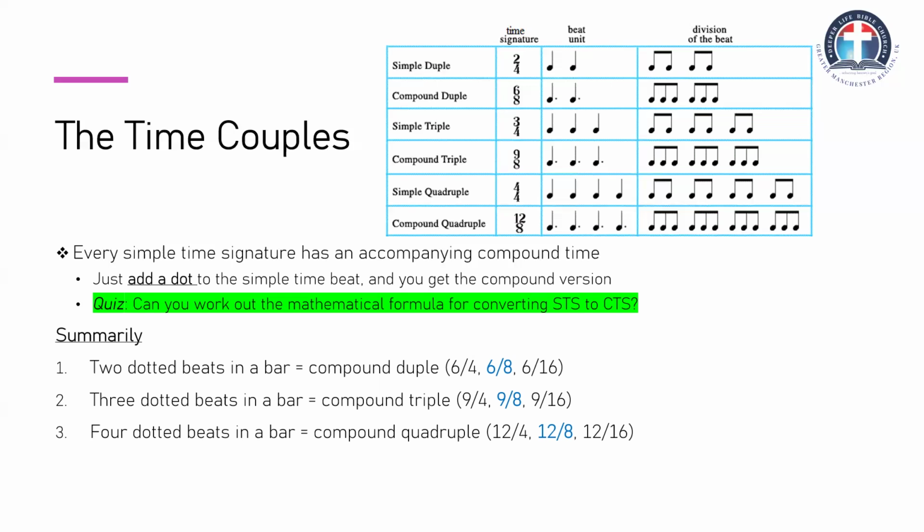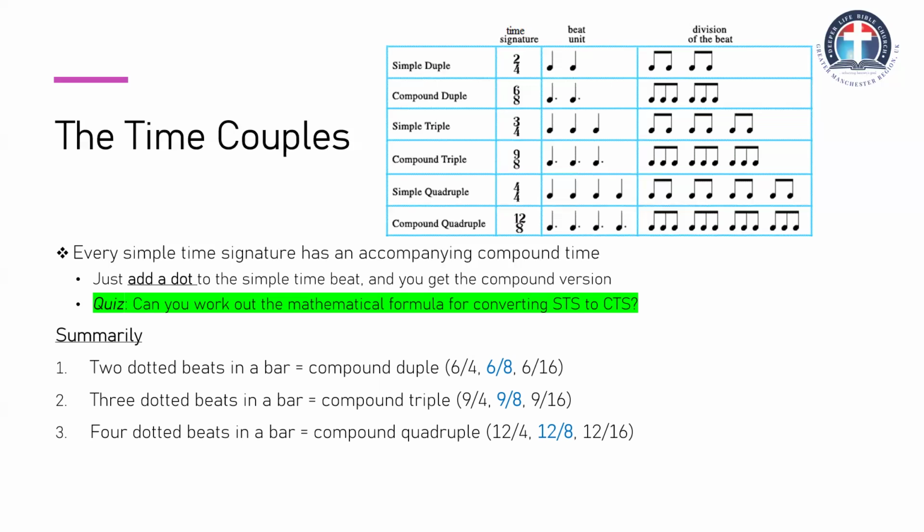What you just need to do is divide the upper number by 3, and it will give you the number of standard beats. In this case, for example, if you take 6/8 and you divide 6 by 3, you get 2. You divide 8 by 2, you get 4.